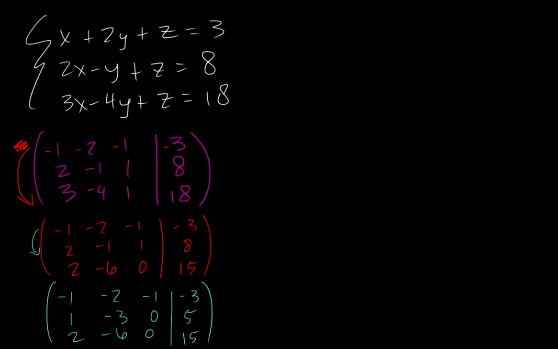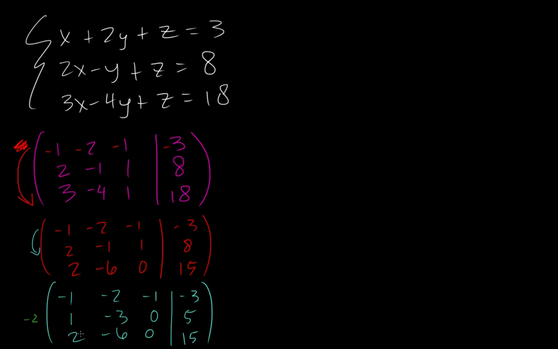Okay, now we need to use the 2 rows that have a 0 in it to somehow create a 0 in one of those rows. So what I'm going to do, I'm just going to do a multiple of negative 2, because if I add it there, I'll create a 0 right there.